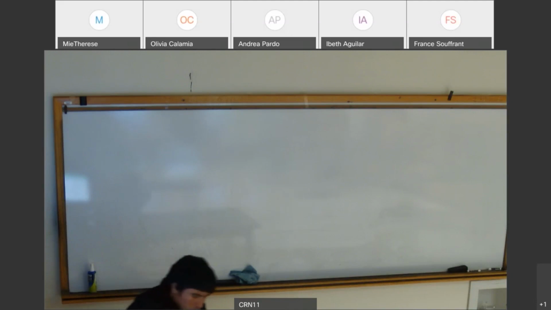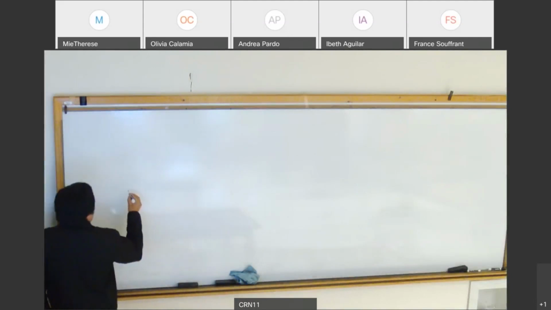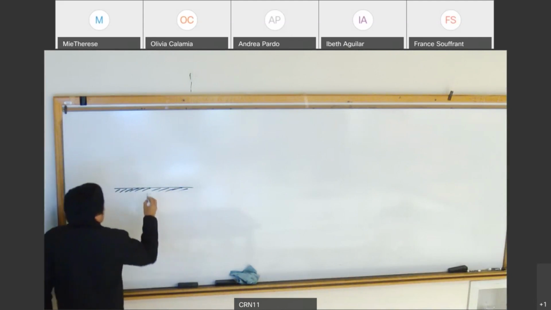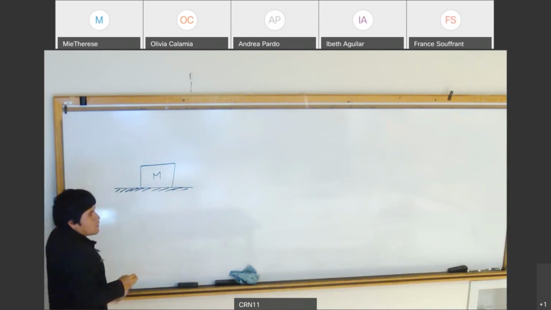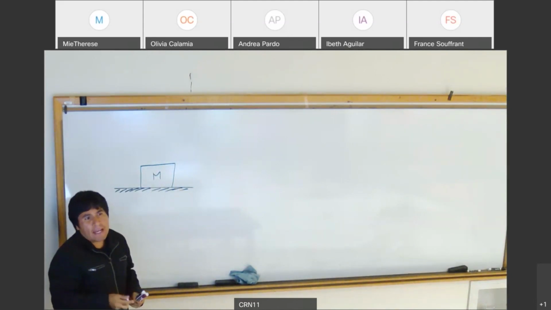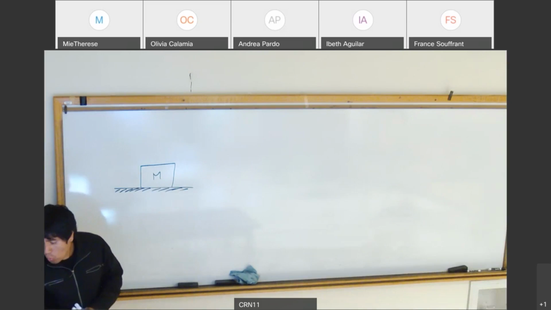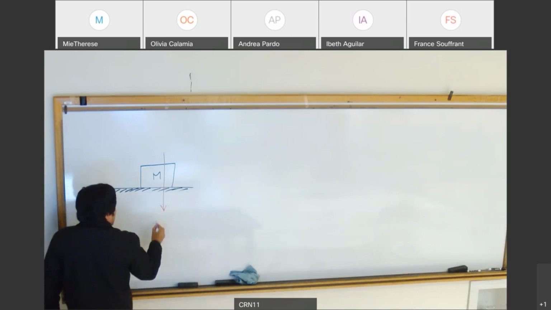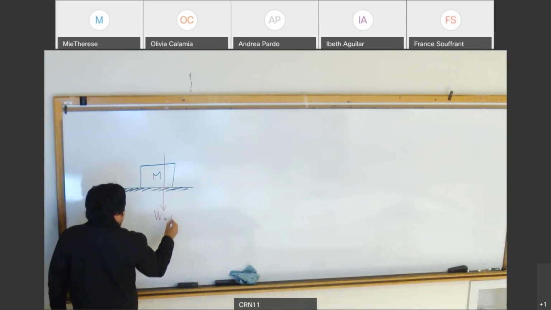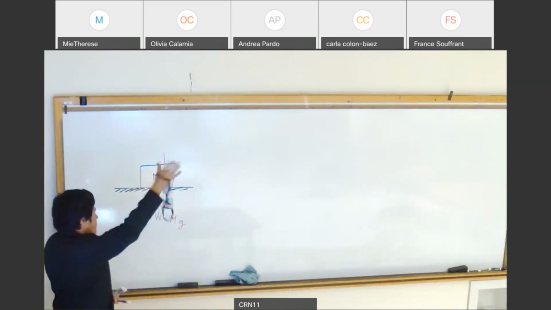So the idea is that if you have a horizontal table or a floor, and you have a mass, we have to start getting into the idea of free body diagrams or force diagrams. In this idea, we draw the force of gravity like this. This is the weight of the object, mg.